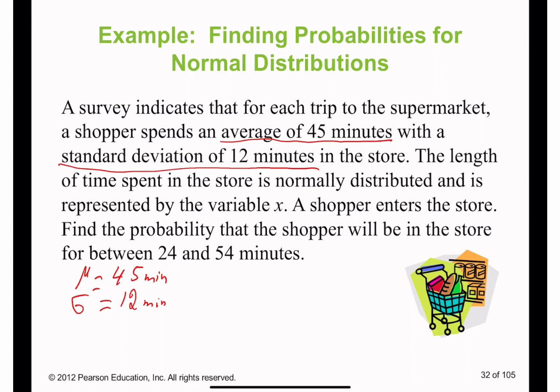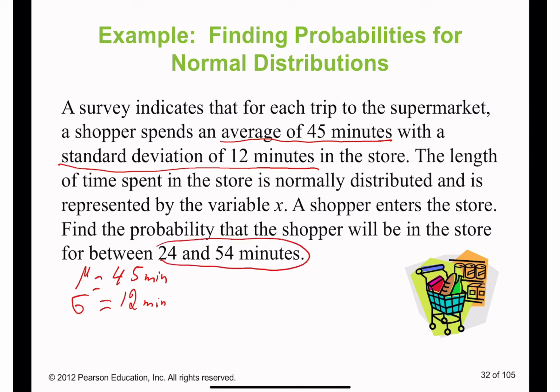The length of time spent in the store is normally distributed and is represented by variable x. A shopper enters the store. Find the probability that the shopper will be in the store between 24 and 54 minutes.